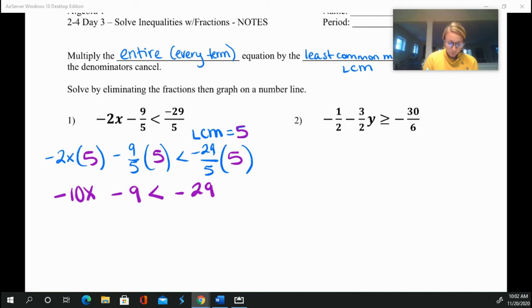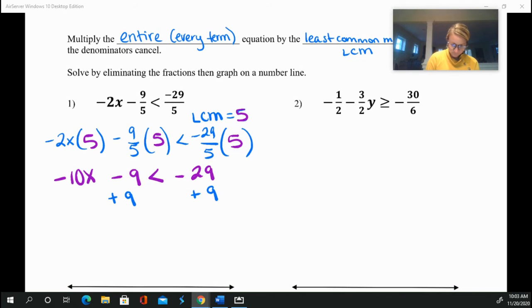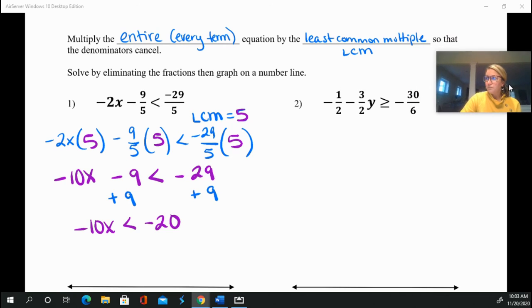So right now we're subtracting 9 from negative 10x. So we want to add that to both sides. So we're left with negative 10x is less than negative 20.